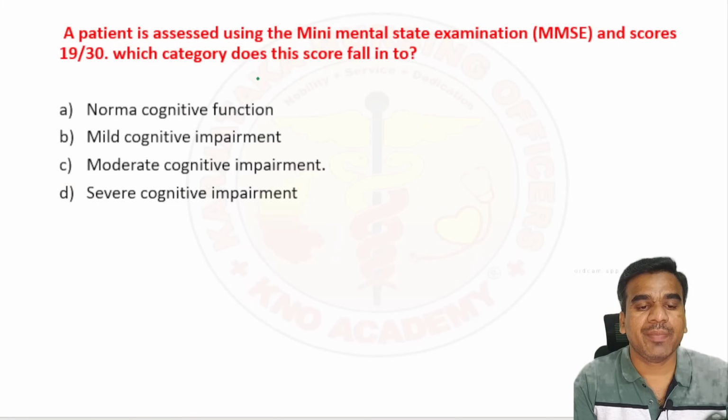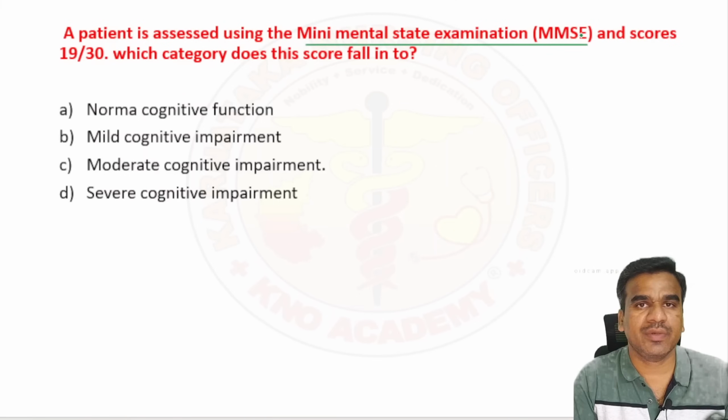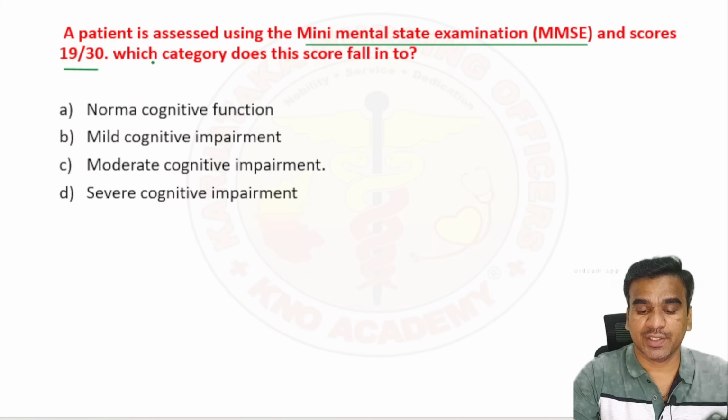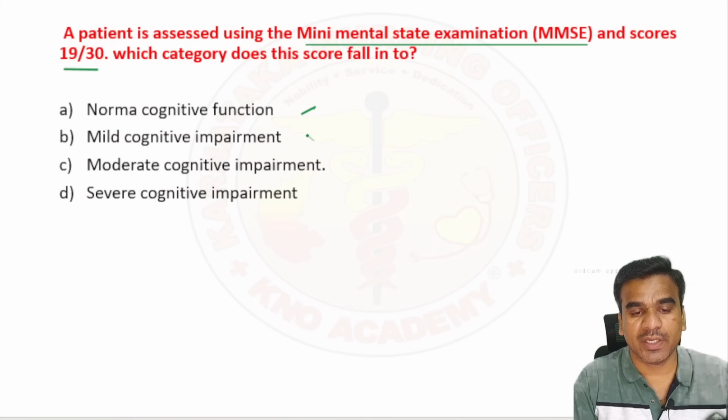A patient is assessed using the Mini Mental Status Examination. This is a very familiar and simple question, everyone knows this. The MMSE score is 19 out of 30. Which category does the score fall into? Normal cognitive function, mild, moderate, or severe cognitive impairment?